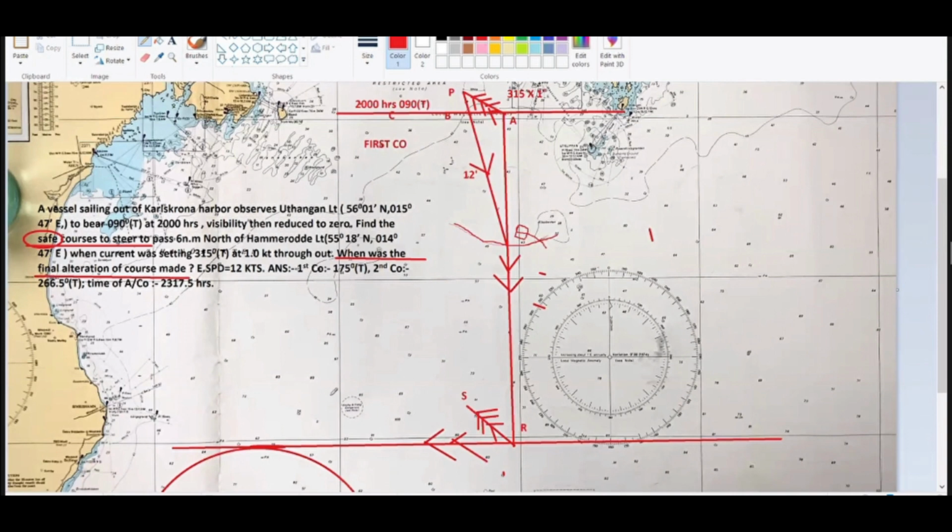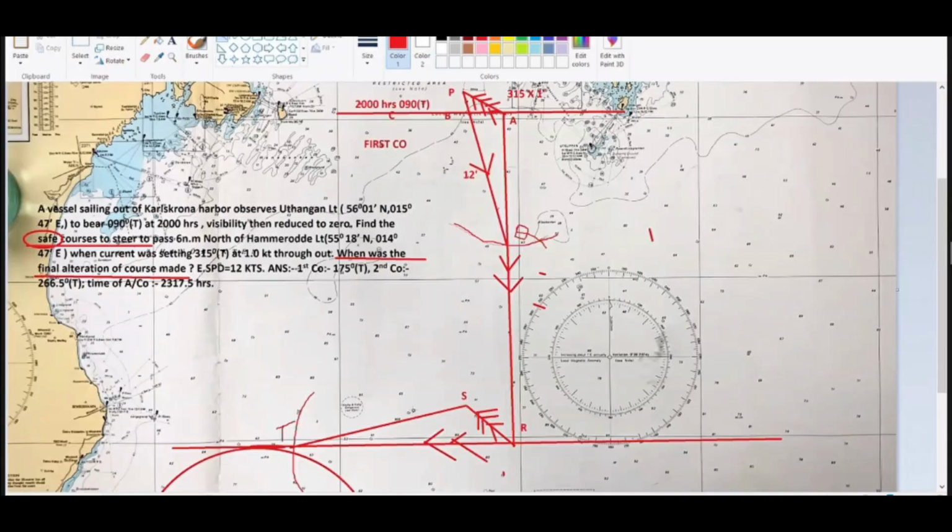Okay, now once you get the CMG line, that means counteracting. Allowing means CTS is known and CMG we are finding out. But here CMG is known, I have to find out CTS, reverse. Counteracting means current to be applied at the starting point. We have started from A. Apply the current. Current is which direction? 315.